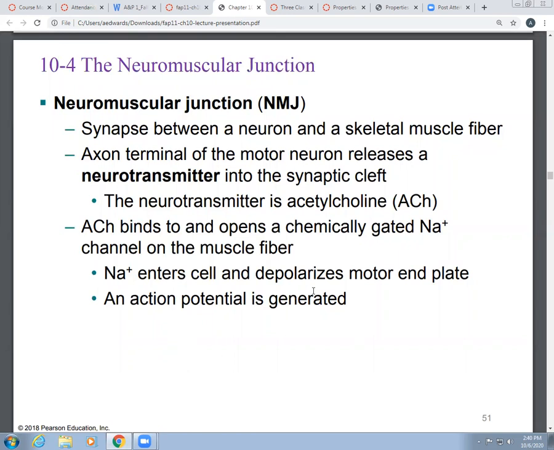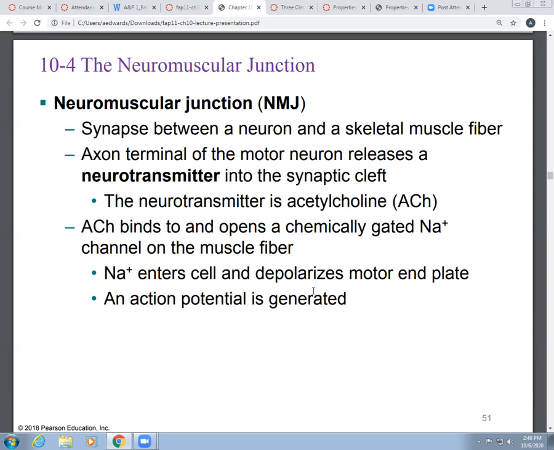All right, so they have an axon, and the axon terminal of that motor neuron, which is just the ending of that axon, releases neurotransmitter, okay, into the synaptic cleft. And the synaptic cleft is basically that space between the axon terminal and the muscle fiber.